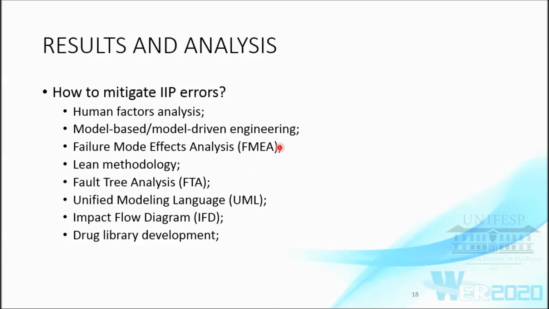The failure mode effect analysis, the FMEA, that intends to identify risks of processes and products during its implementation or even after its launch. The Lean methodology that is derived from the Toyota production system and aims to eliminate wastes that may help to reduce errors.